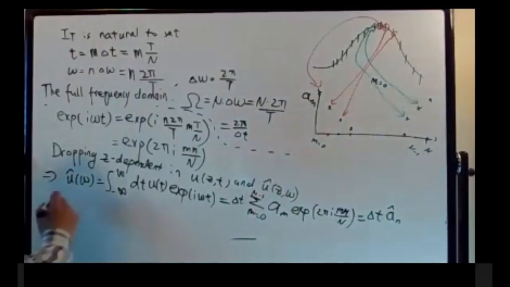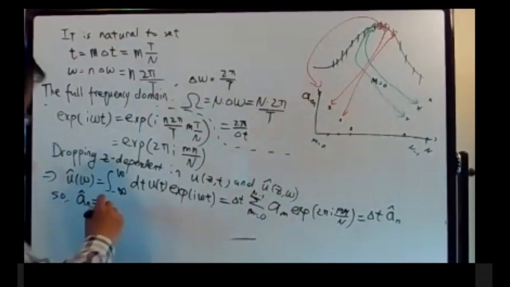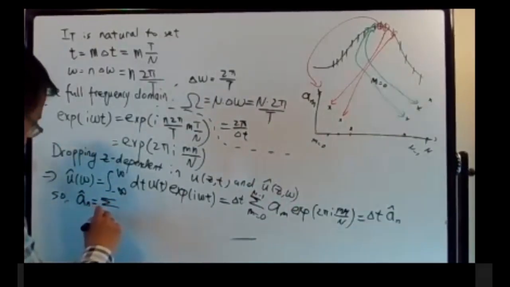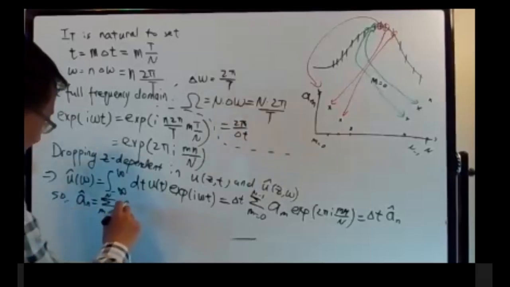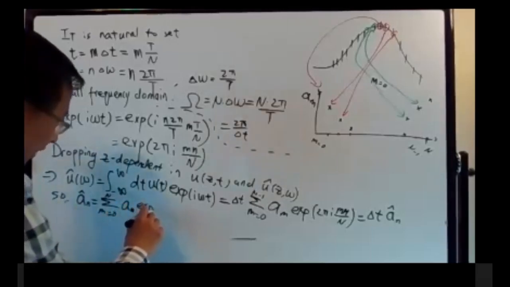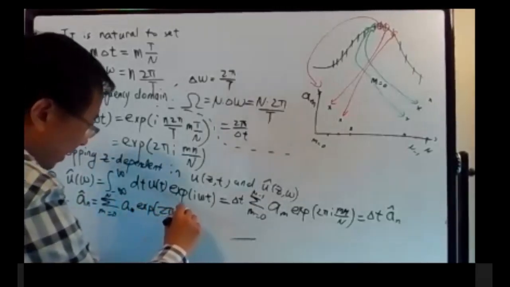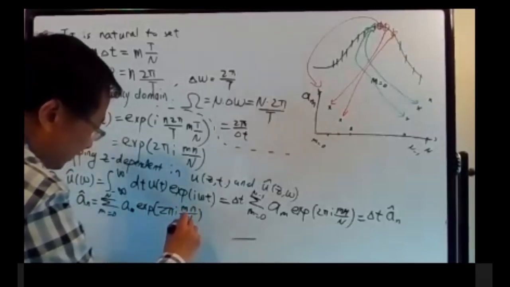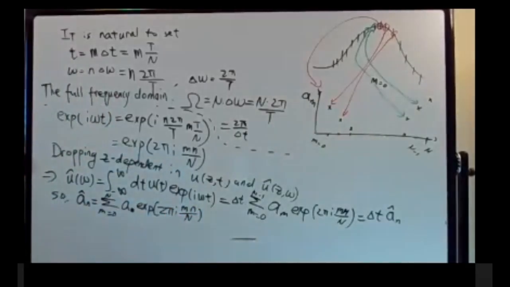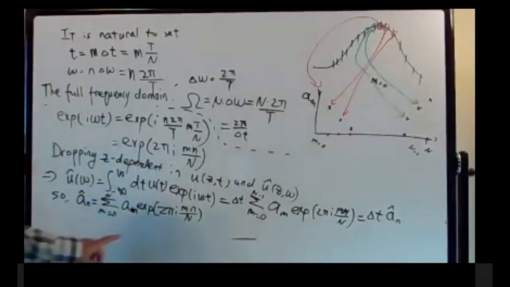So now we can write a hat n is the sum from m equal to 0 to capital M of a_m exponential 2πi m n over capital N. Can you all see this?